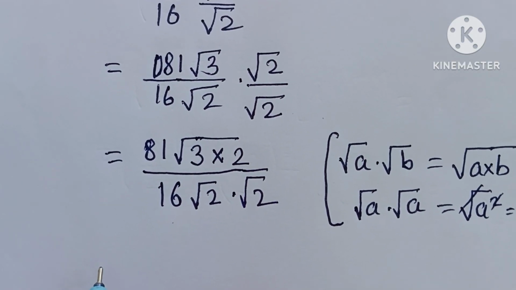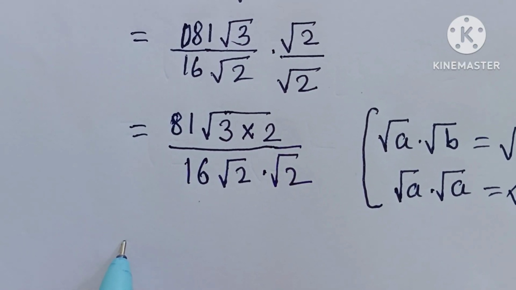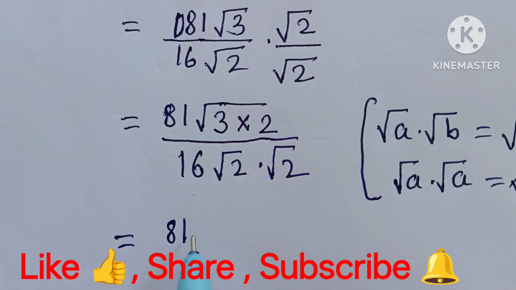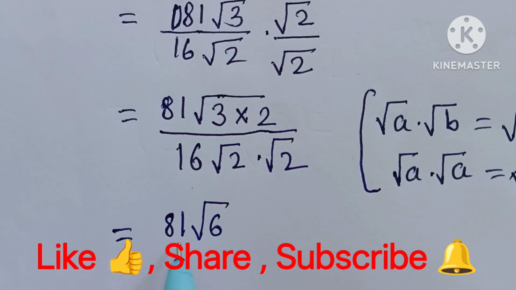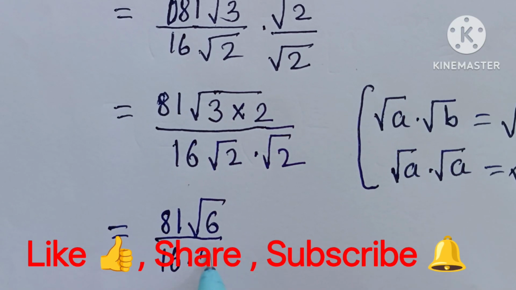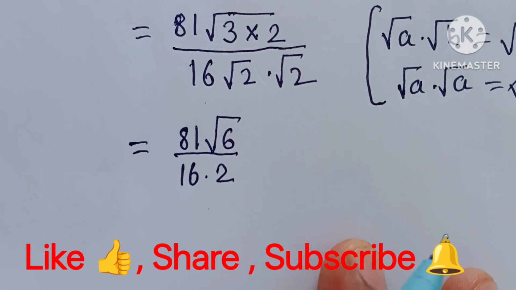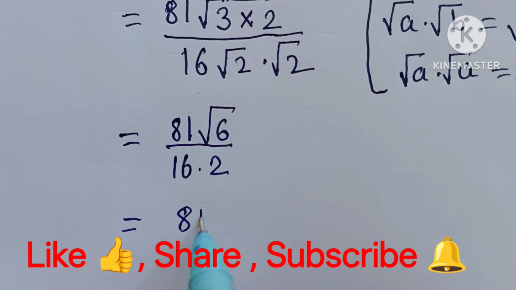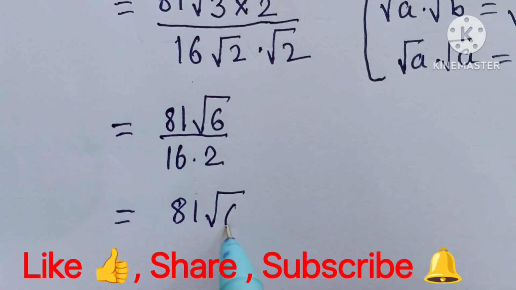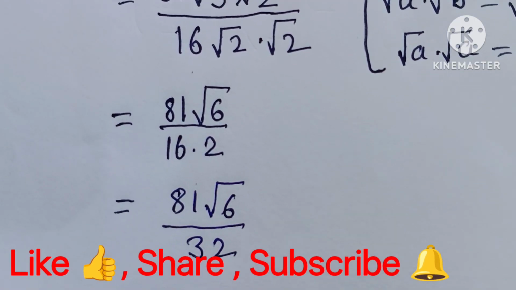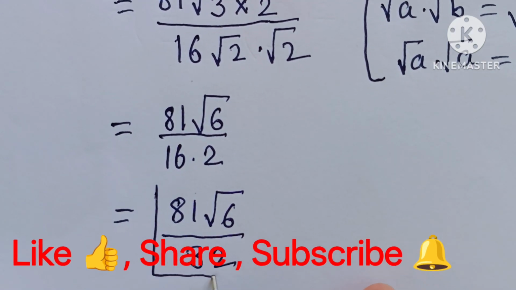So we can write here 81 root 6 divided by 16 into 2. Now 81 root 6 divided by 32. This is the answer.